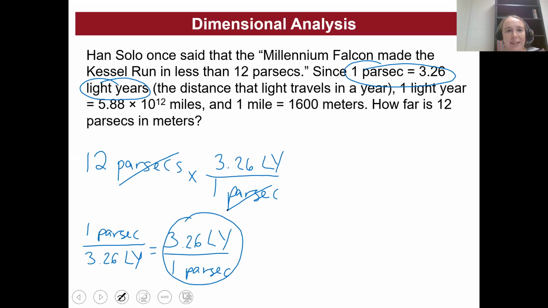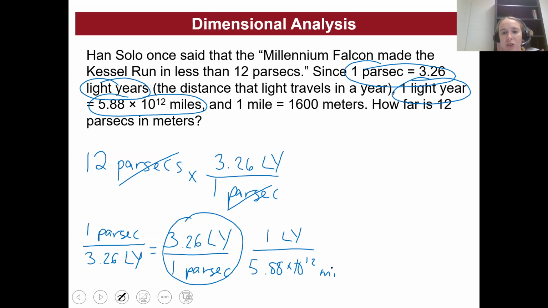Okay, so next we want to go from light years to miles. So we've got 1 light year equals 5.88 times 10 to the 12th miles. So again, we have that conversion factor. 1 light year is 5.88 times 10 to the 12th miles.